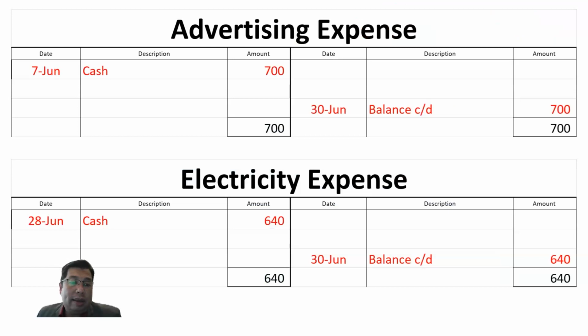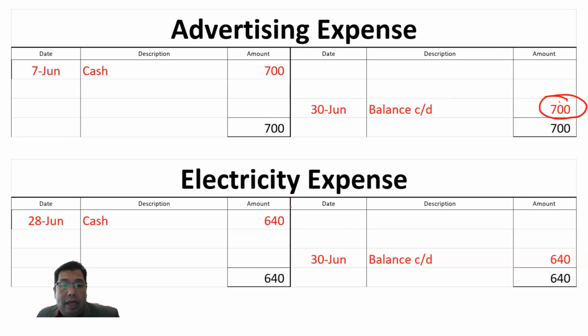For expenses, we have three types of expenses. The first one is advertising, then second is electricity, and finally rental. You paid 700 for advertising. That is the only advertising expense, so total advertising expense is 700.